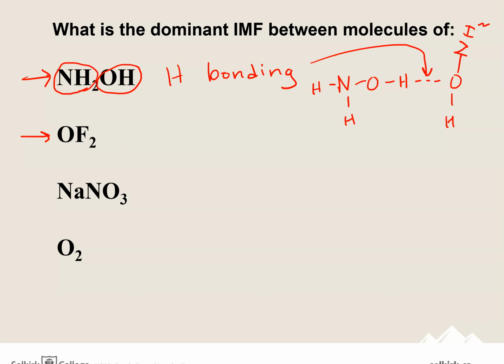To know if a molecule is polar or nonpolar, first I need the Lewis structure to tell me the shape. This one is bent, so that I can see if the bond dipoles cancel out. Because it's bent, it's polar, and therefore the dominant intermolecular force is dipole-dipole.